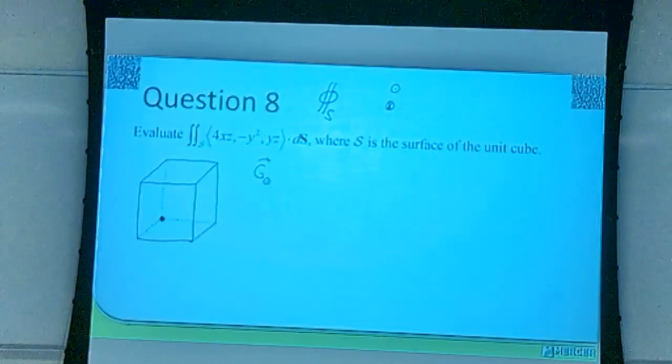So front, you're coming out. That's this facing here. This is strictly a YZ plane, isn't it? X is always 1, isn't it?